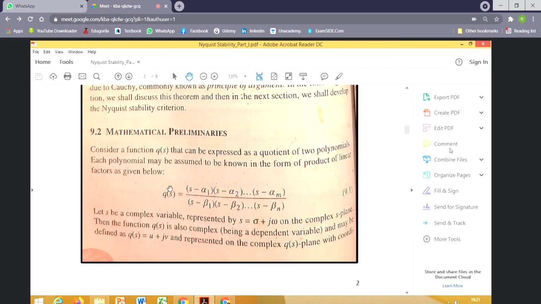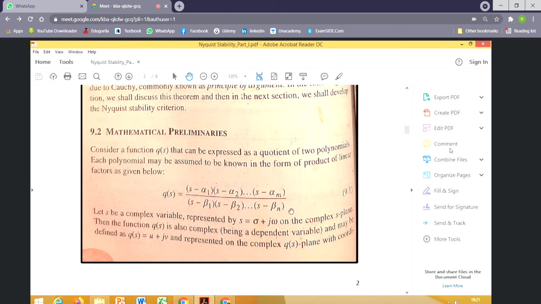Now let's represent this function Q(s) in this form, that is Q(s) is equal to (s minus alpha 1) into (s minus alpha 2) up to (s minus alpha m), whole divided by (s minus beta 1) into (s minus beta 2) up to (s minus beta n), right?